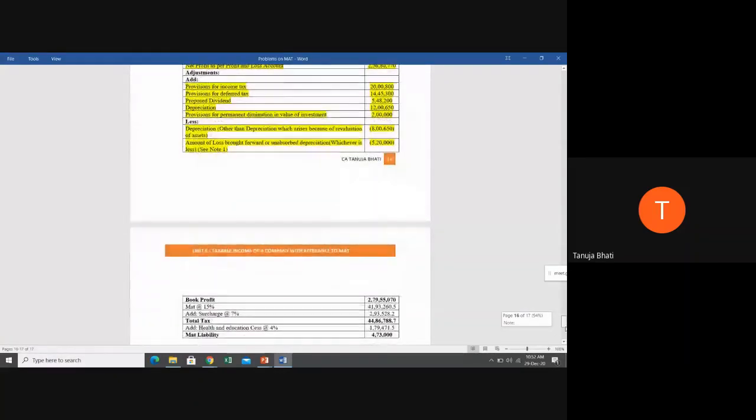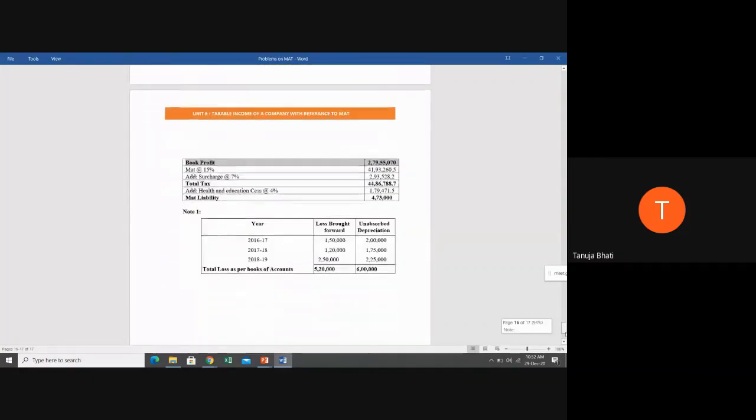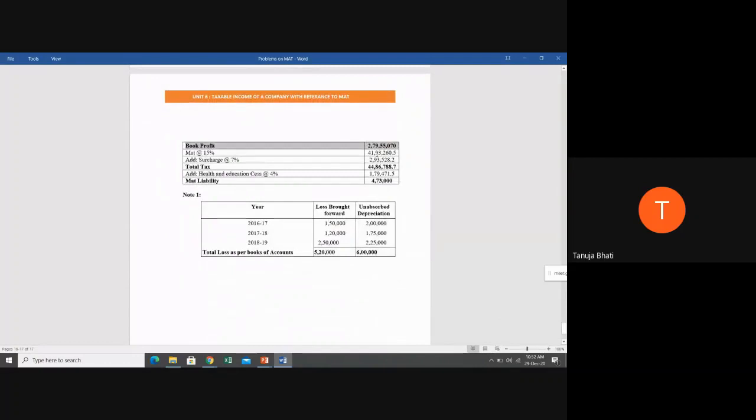Okay, then once we plus and minus it, we get book profit as 2,79,55,070 rupees. To that book profit, you're going to take 15% of book profit as the tax liability.